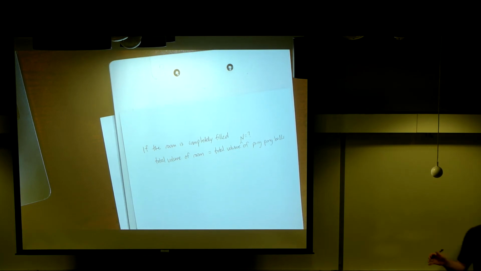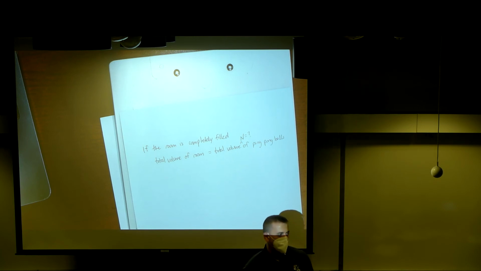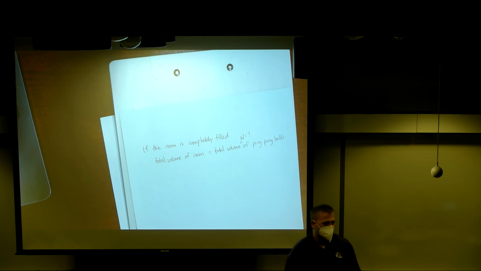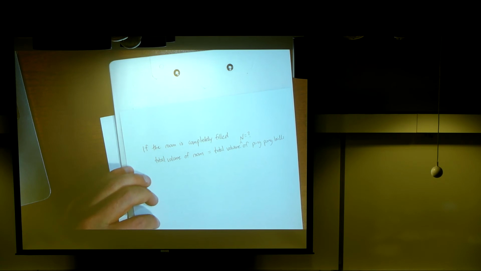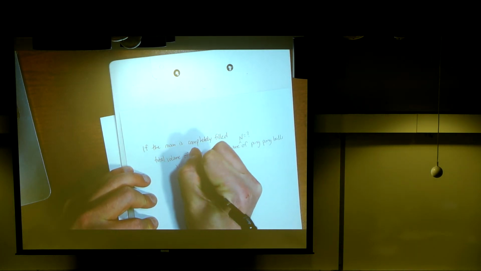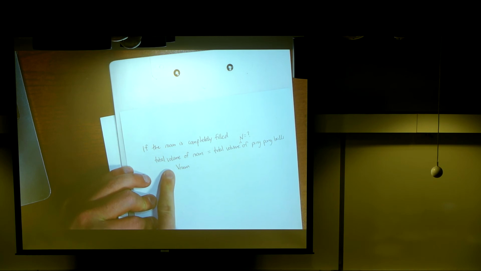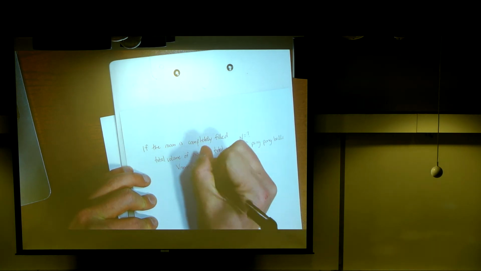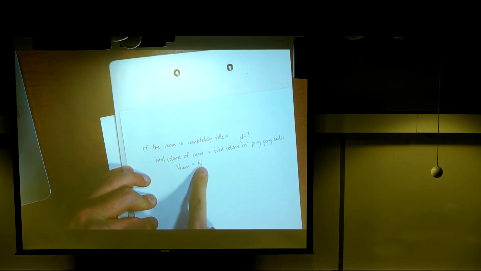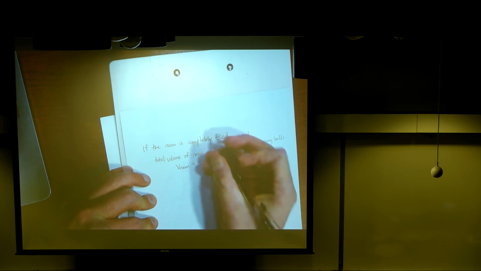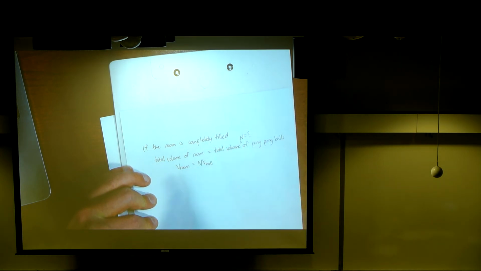Now, again, there are some details that would make this more complicated if we wanted a really precise calculation, like there's always an empty space between some of the ping pong balls. You can't perfectly pack them together so that every bit of volume of the room is used. We don't care about that. We're just trying to get a rough estimate, right? So the volume of the room, that's on the left side, is equal to n, how many ping pong balls there are, times the volume of one ping pong ball.